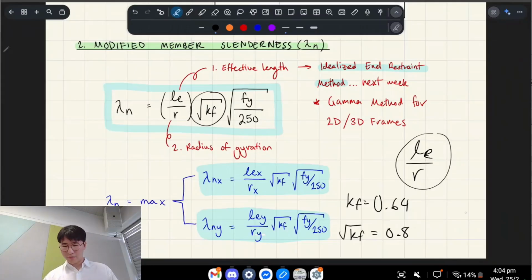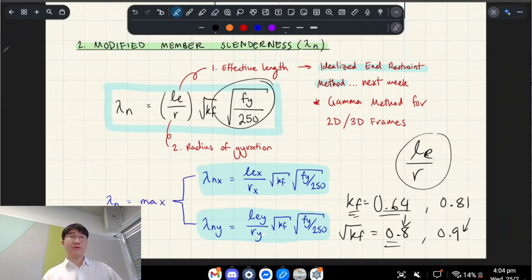Because KF is always less than or equal to 1, you always bring it closer to 1, if that makes sense. So this number becomes 0.8. Maybe a number like 0.81 becomes 0.9. So you always bring it up closer to 1 by doing the square root.